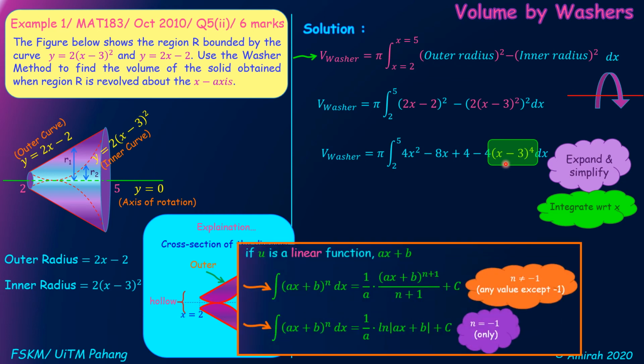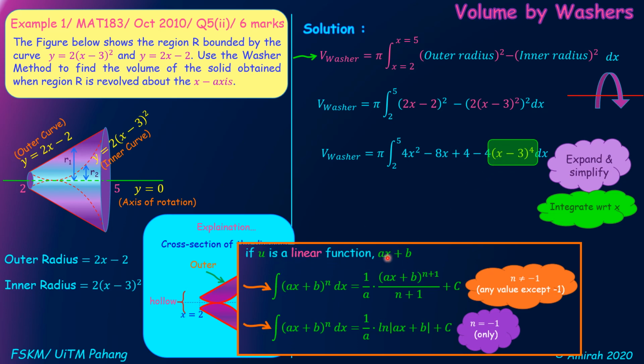To integrate 4x squared, we can use the power rule, and the same goes for 8x. To integrate (x minus 3) to the power of 4, since 4 is not equal to negative 1, we can use this formula, where the bracket is a linear function ax plus b.